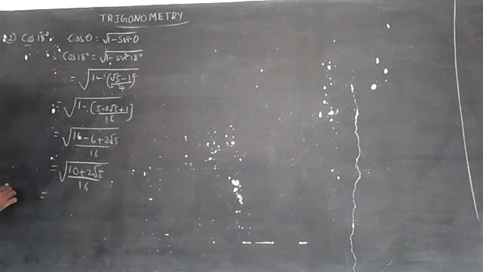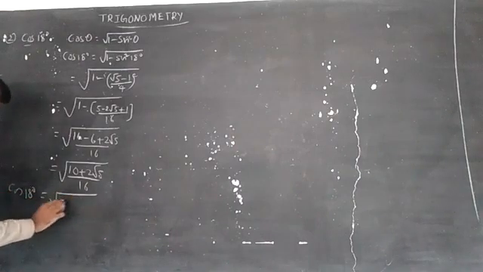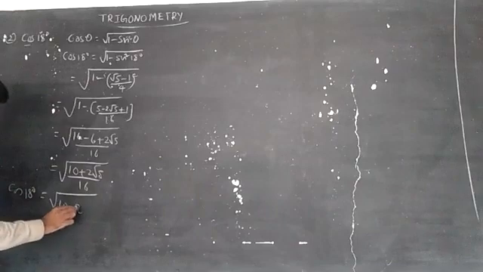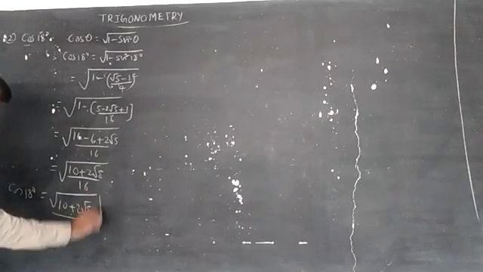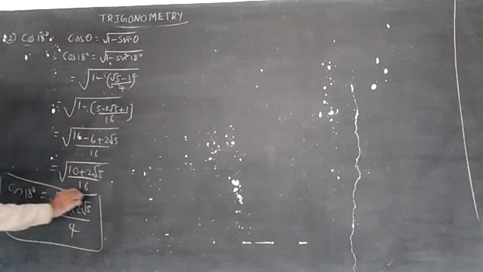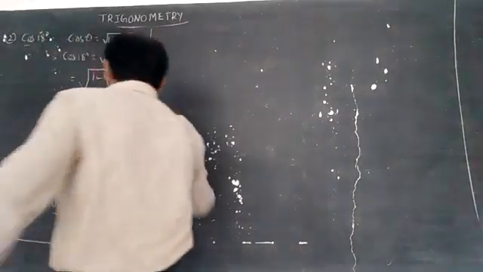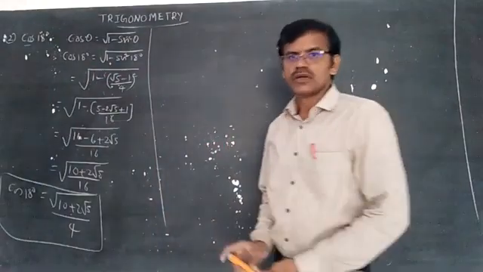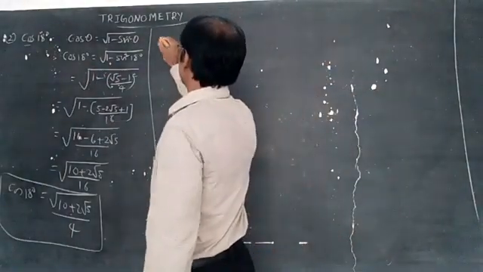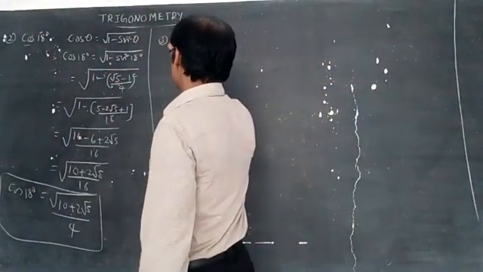Therefore cos 18 degrees is the root of, there is no proper root for this, so simply write it like this: root of 10 plus 2 root 5 whole by 4. Keep aside, put a box here. Cos 18 we got. Now let us discuss sin 36 and cos 36.